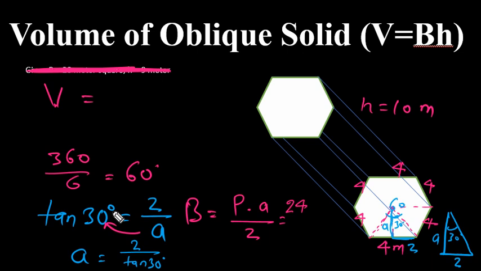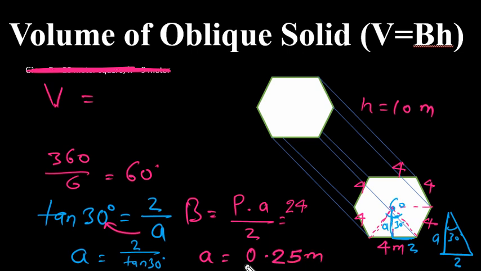So let me use the calculator. Tan 30 degrees divided with 2, and that will give us 0.25. So A will be equal to 0.25 meter. Okay, so this is a complex question.